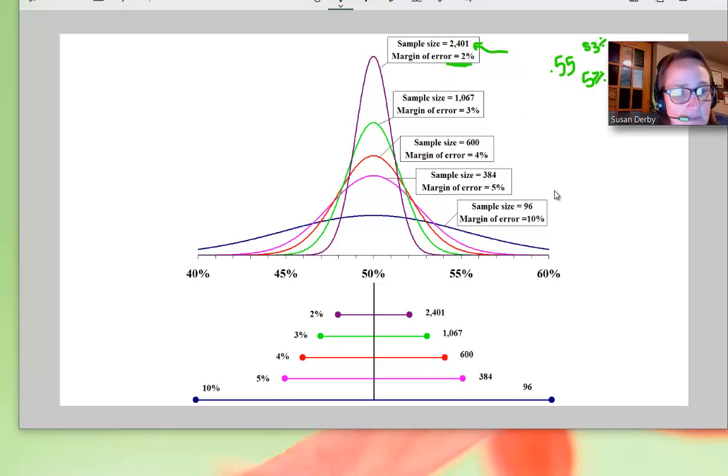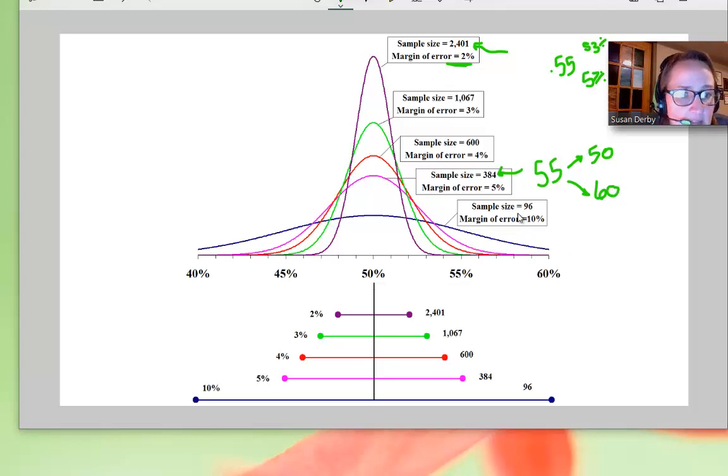If we ask only a few people, asking only 384 people in our sample size, that margin of error is 5%. So that candidate that was going to get 55% of the votes, in reality it could be anywhere from 50 to 60% of the votes, well, I'm still feeling pretty good.